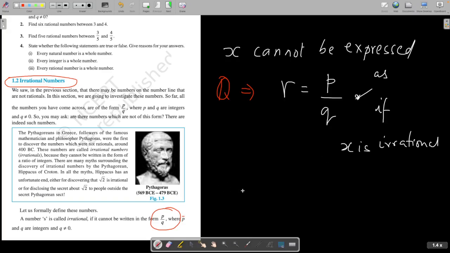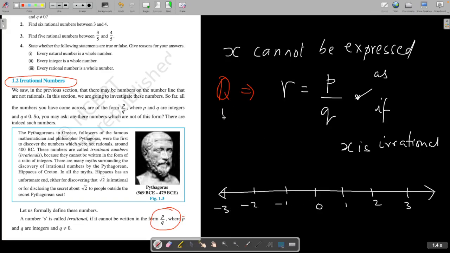So now let's just summarize our present understanding of the number line. You have natural numbers 1, 2, 3. Add a 0 to them and it becomes the whole numbers, and add the negative numbers to them and it becomes integers. And we also saw q, which are basically fractions. For example, half is a fraction which can be expressed as p by q, and it is a rational.